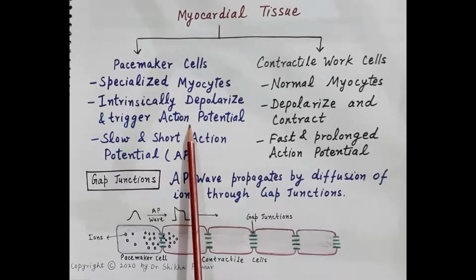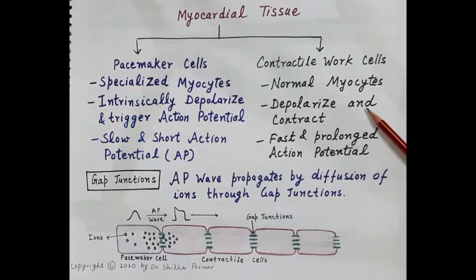Pacemaker cells are responsible for the contraction of the heart as a unit. Contractile work cells depolarize and contract. So the main function of contractile work cells is to depolarize and contract. They are responsible for the contraction of the heart.